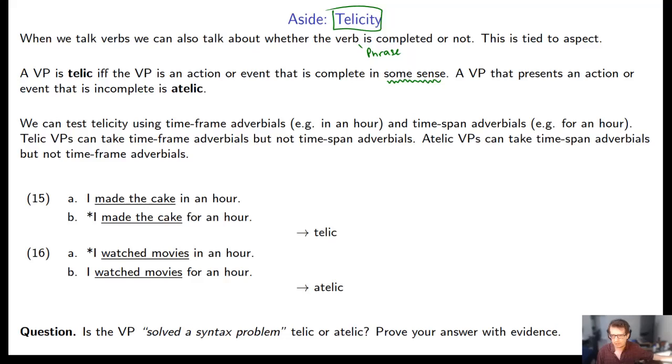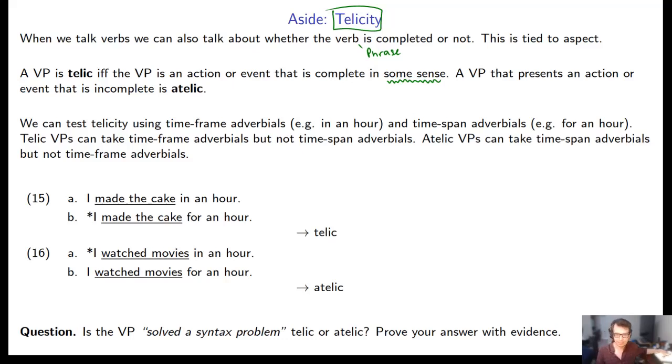If the VP is incomplete, it's atelic. What we mean by complete in some sense is that the event itself is an action that when it's finished, it's finished. I'll use the two example sentences down here, and then we'll show the tests for how we can prove this stuff.